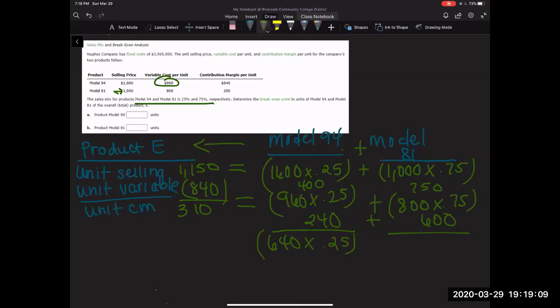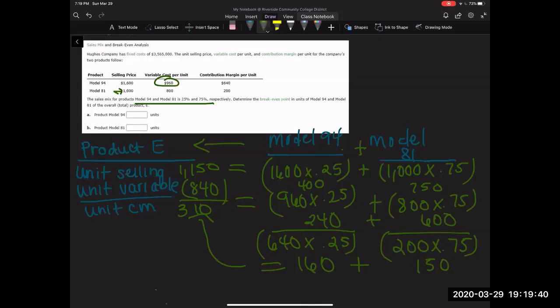The unit contribution margin for model number 81 is 200, and I multiply that times 75%. 200 times 75% comes out to 150, and 640 times the 25% sales mix is 160. If I add those two together, my number comes out to 310, which it does.